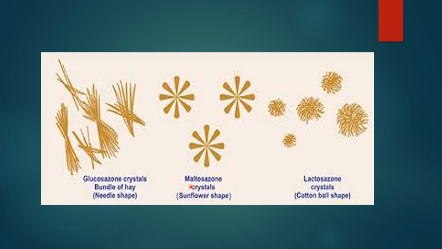And the maltose with the reagent of phenylhydrazine gives maltosazone. The crystals are like a sunflower shape. And the glucosazone comes from glucose with the phenylhydrazine reagent. The crystals are shaped like a needle.